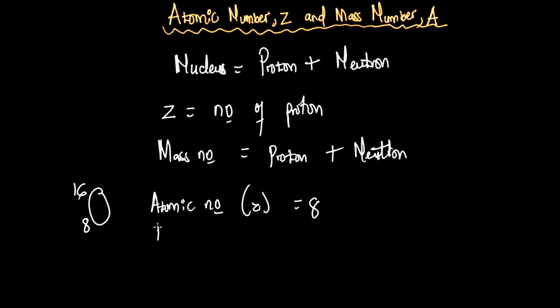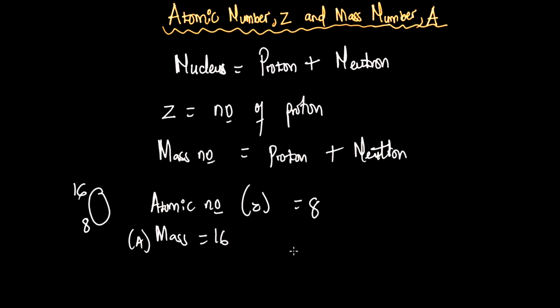The mass number is 16, and that's A. So atomic number is the number of protons, but the mass number is the summation of protons and neutrons. So the mass number is proton plus neutron.